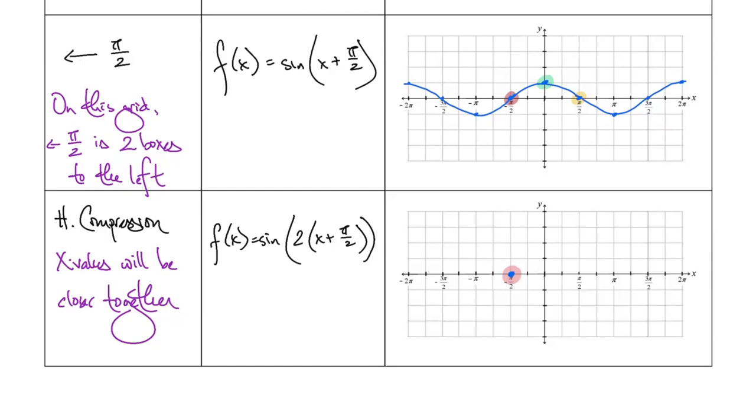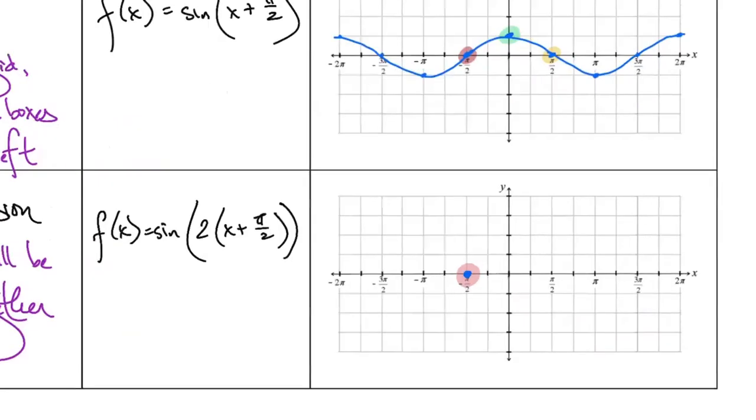That means this green dot is not 2 boxes away now, but only 1 box away. And the yellow point was 4 boxes away. So how many boxes away is it now? It's only 2, good. And then we can follow our pattern to keep drawing those.